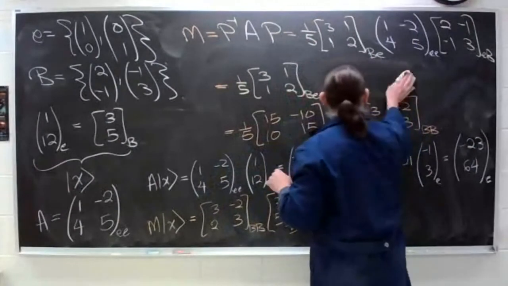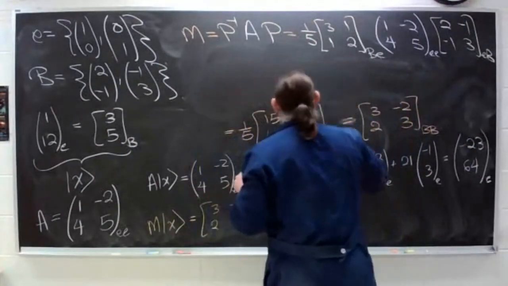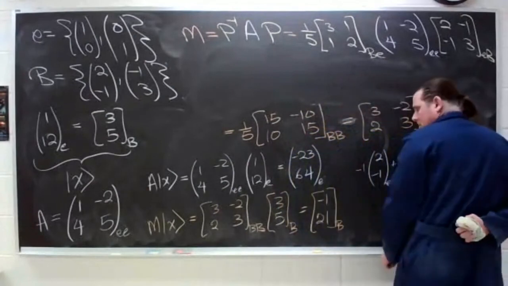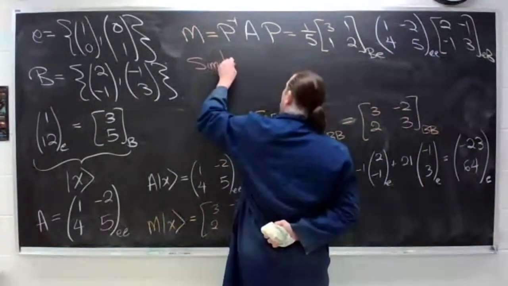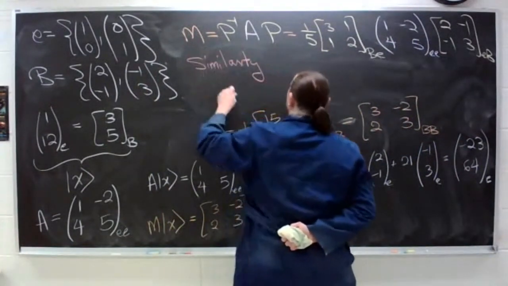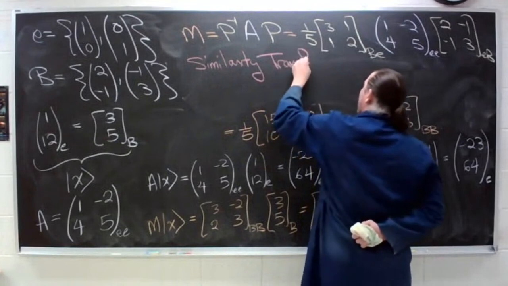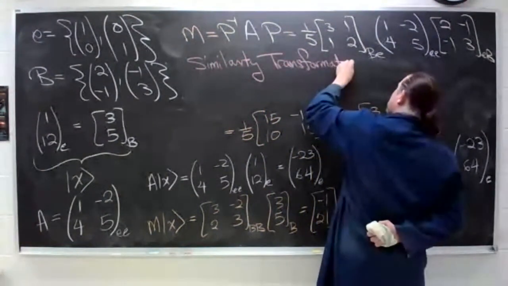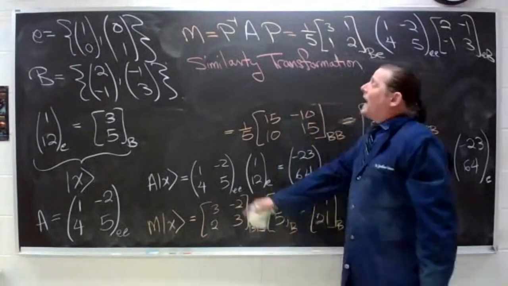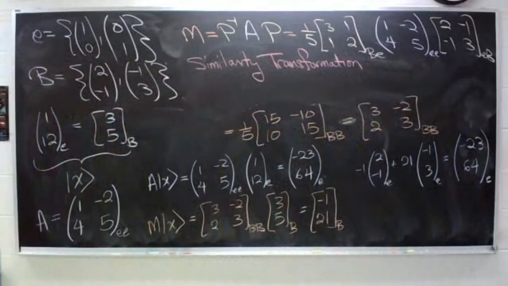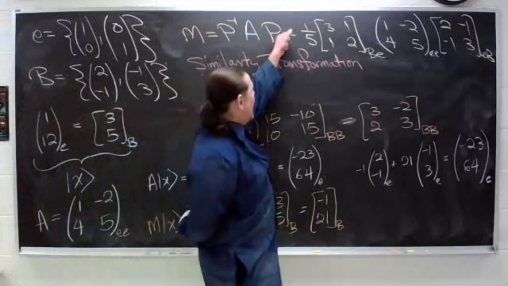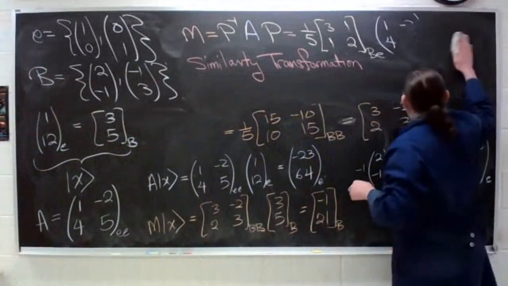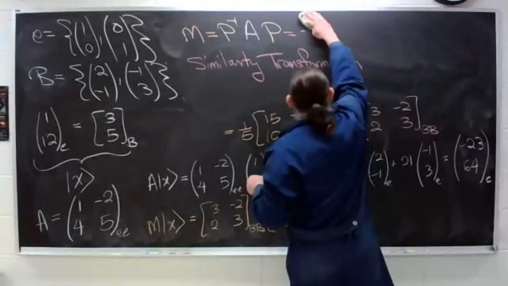This relationship is called a similarity transformation. And every matrix M that is equal to the inverse of a matrix times matrix A times that matrix again is said to be similar to matrix A.